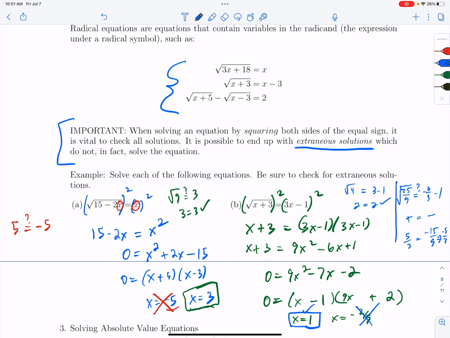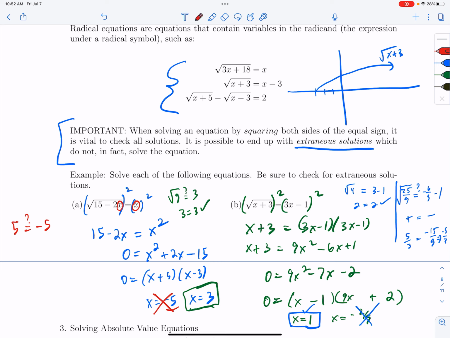Visually, let me just say one more thing about this equation. If I graph the left-hand side and the right-hand side of this equation, x plus 3 square rooted is just the graph of the square root function shifted left 3 units. So that is square root x plus 3.